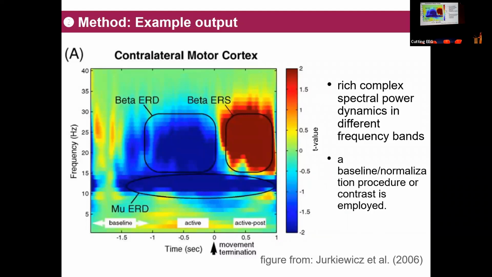And you can see that there's a rich set of complex stuff going on. The mu rhythm in the 10 Hertz frequency band is attenuated relative to a baseline. And we also have this beta post-movement rebound effect, where the beta band activity is elevated after the movement has been terminated.